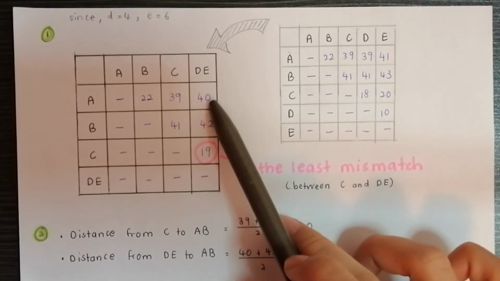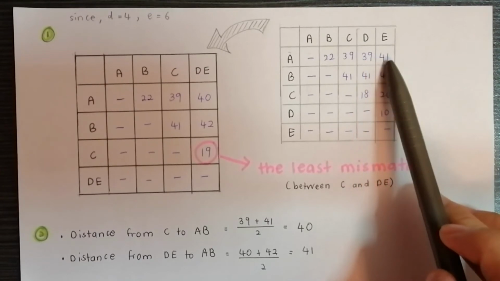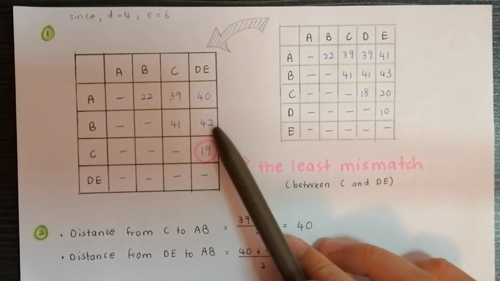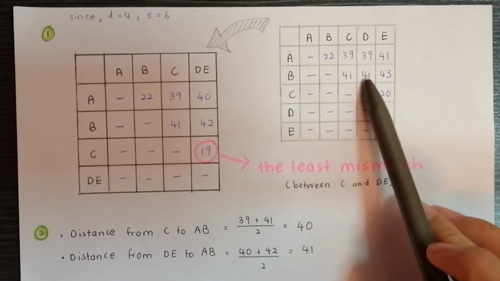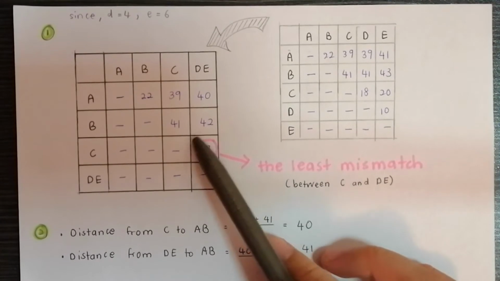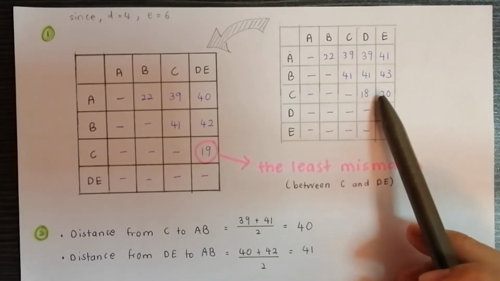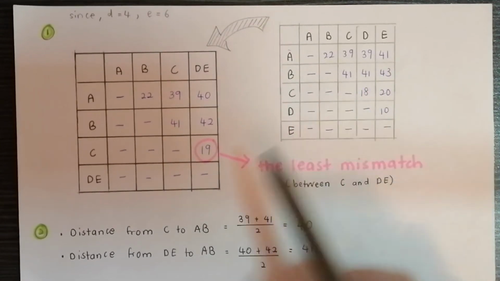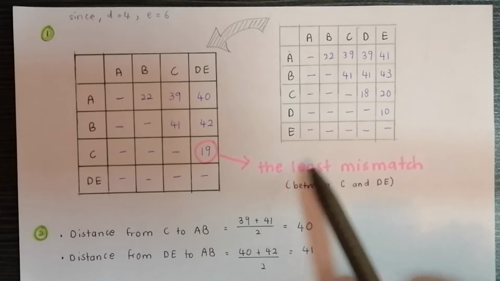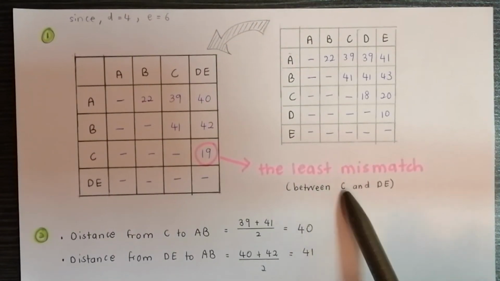For 40, we get it from the average of 39 plus 41 divided by 2, so we get 40. For 42, it is from 41 plus 43 divided by 2, so we get 42. For 19, we get it from 18 plus 20 divided by 2. From this table, we can see that 19 is the least mismatch, which is the distance between C and DE.